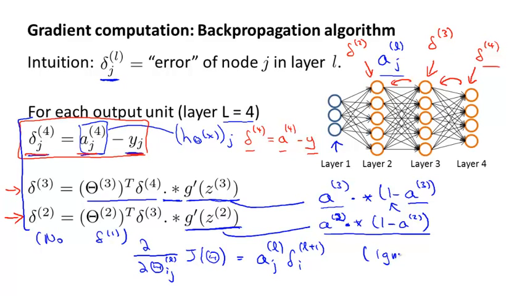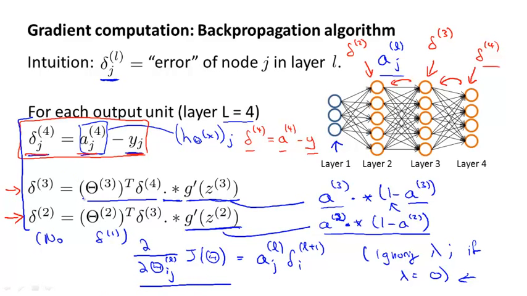This is ignoring lambda, or alternatively, if the regularization term lambda were equal to 0. We'll fix this detail later about the regularization term. But by performing backpropagation and computing these delta terms, you can pretty quickly compute these partial derivative terms for all of your parameters. So this is a lot of detail.